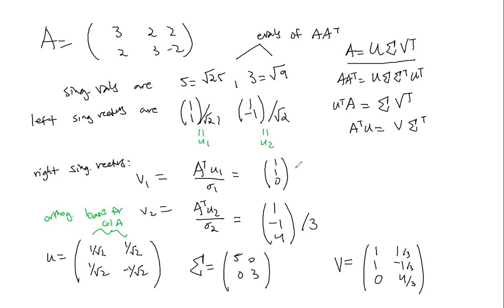We should normalize these. Oh, I forgot to divide by root 2 everywhere. So let me erase that, because you want to have a root 2 everywhere.